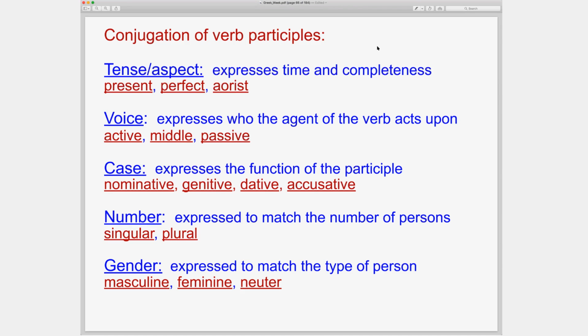Before that, we have to do participles, because participles modify nouns and noun phrases and things. They're a little bit different in that they have tense and aspect, and they have voice, but then they have case and number and gender as well.